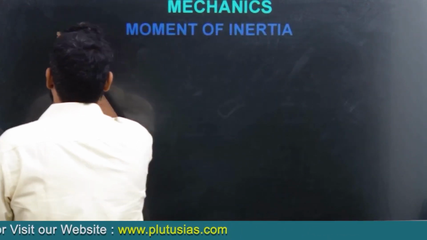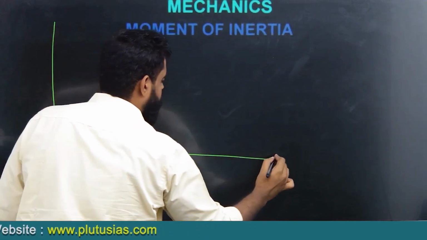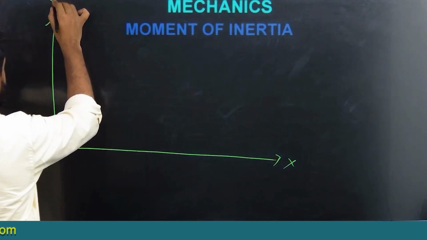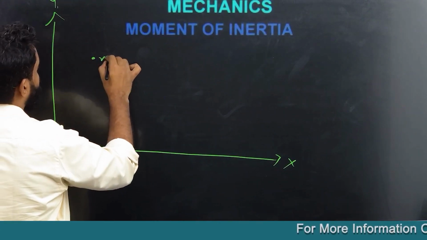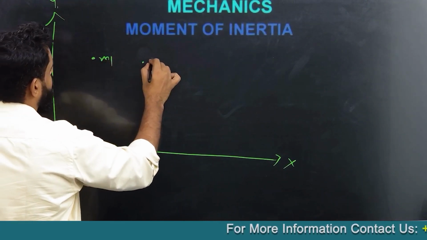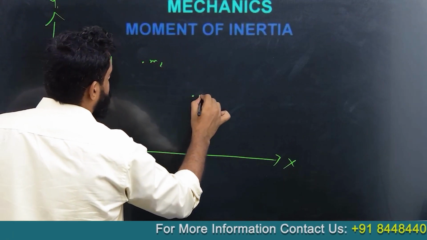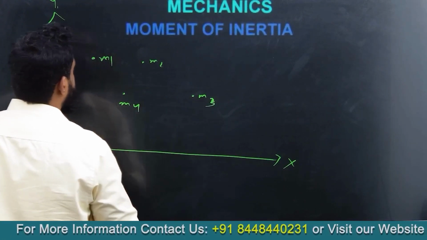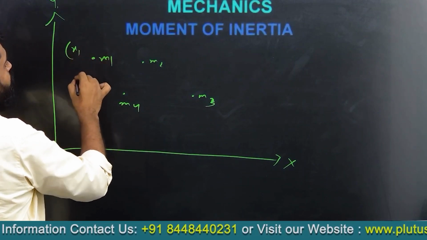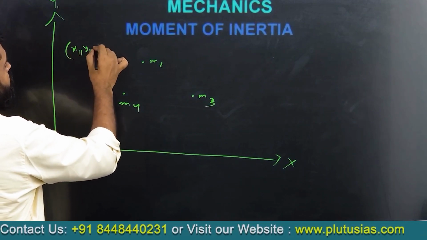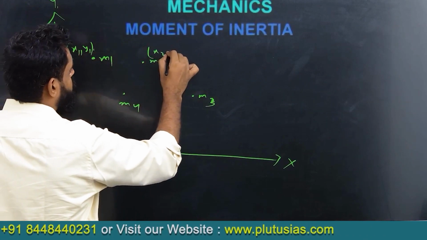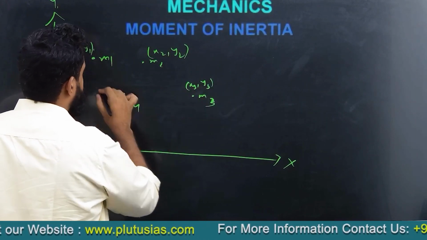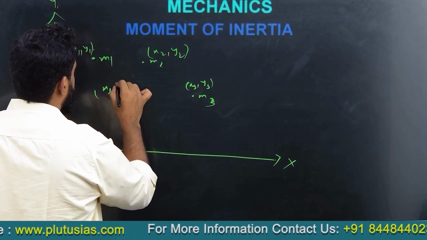Suppose this is the xy plane and there are particles m1, m2, m3, m4 with coordinates x1 y1, x2 y2, x3 y3 and x4 y4.